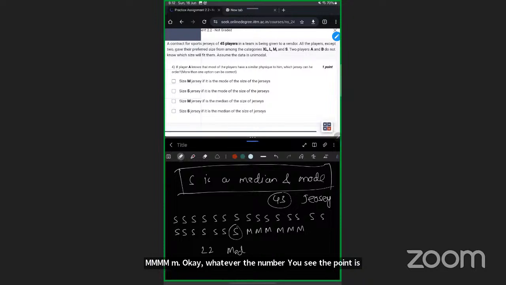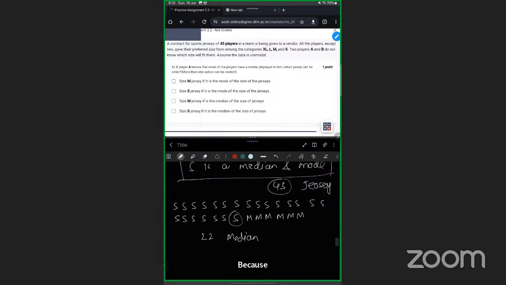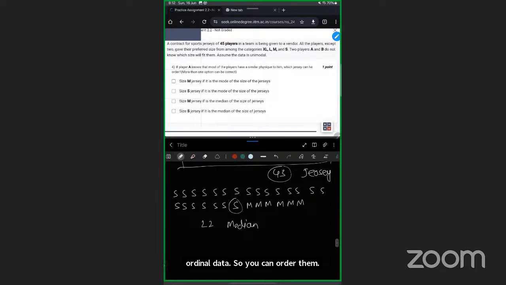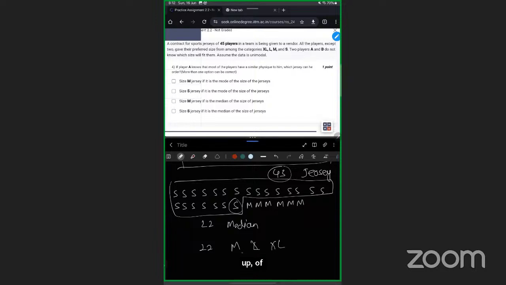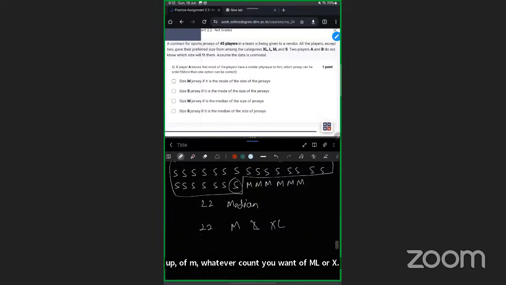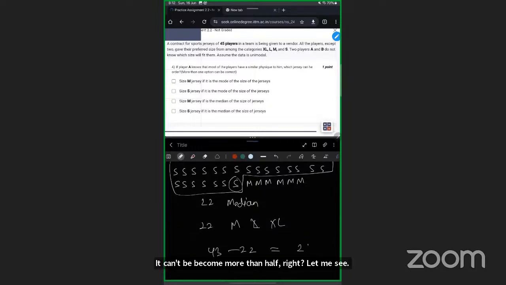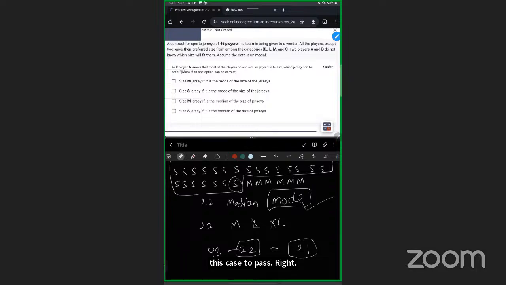So this becomes the median because this is ordered data: S, M, L, XL. This is ordinal data, so you can order them. So 22 becomes the median. Whatever count you come up with for M, L, or XL, it can't become more than half. Total is 43 minus 22 is 21, which is always going to be smaller than 22. We have 22 people who bought S size, so this becomes median as well as mod. We wanted this case to pass, and since this is true, A, B, C, D, all four are true.